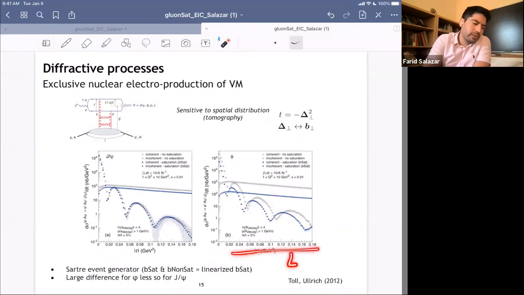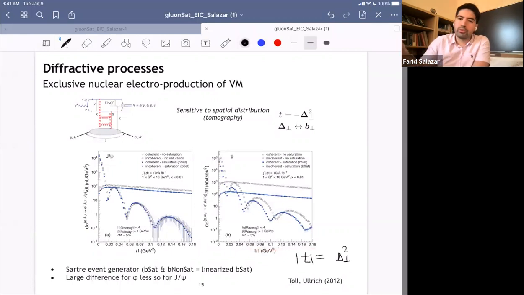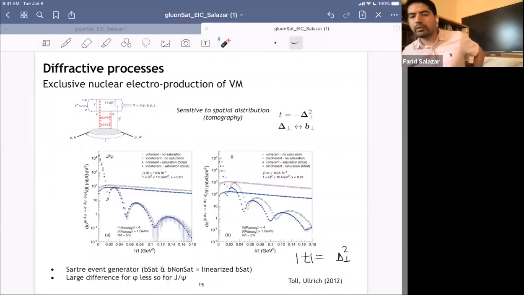So here, this t is the square of the transverse momentum of the produced vector meson. So these are exclusive processes in which you don't break up the target. And these processes are very interesting because they provide this tomographic picture of your proton or your nucleus. In this case, that's why you see these dips.